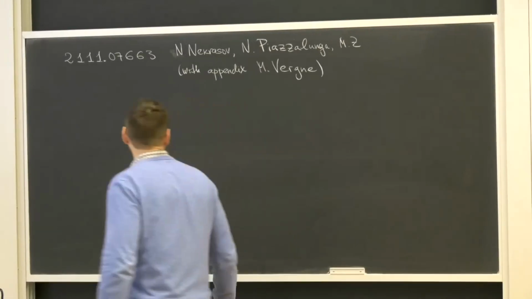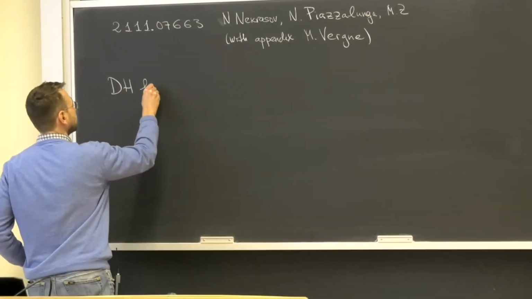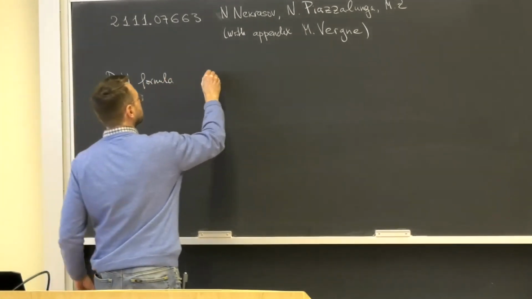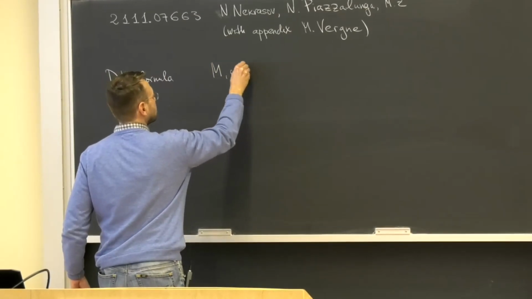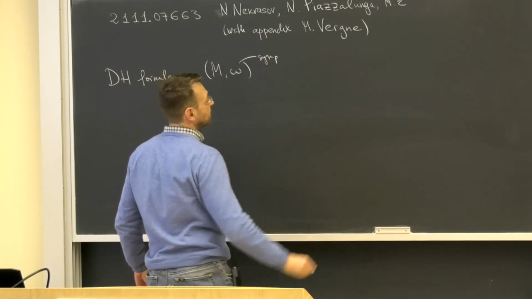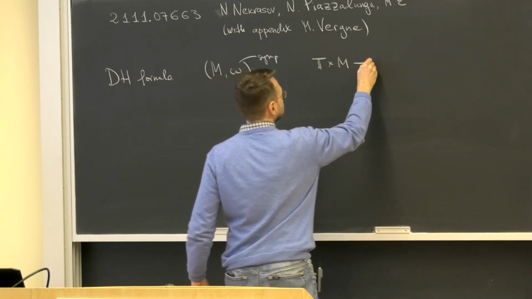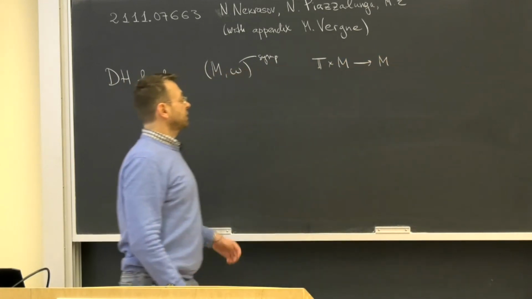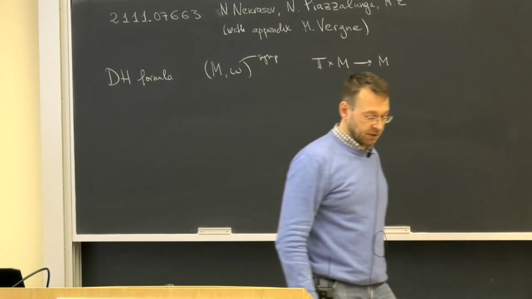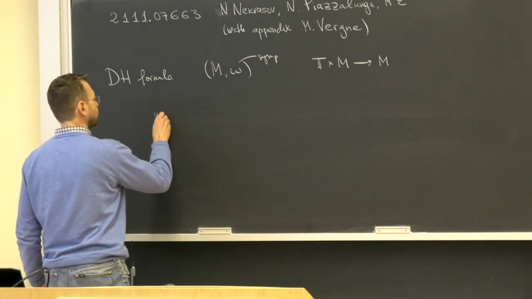Okay, so let me try to explain the problem. We're interested in applying the Duistermaat-Heckman formula. Imagine we have a symplectic manifold, so we have a symplectic form. Then we have some torus action on the manifold, and I'm interested in this torus action being Hamiltonian. So I would have vector fields V_a with some parameters.